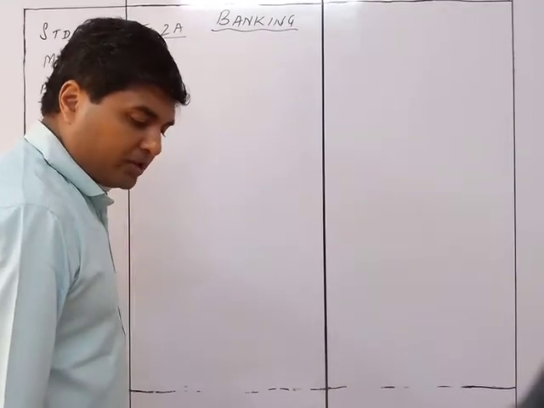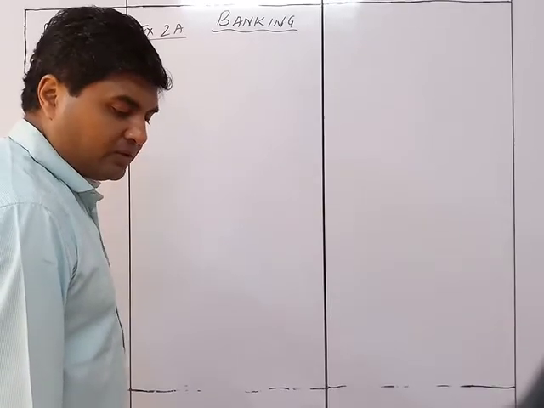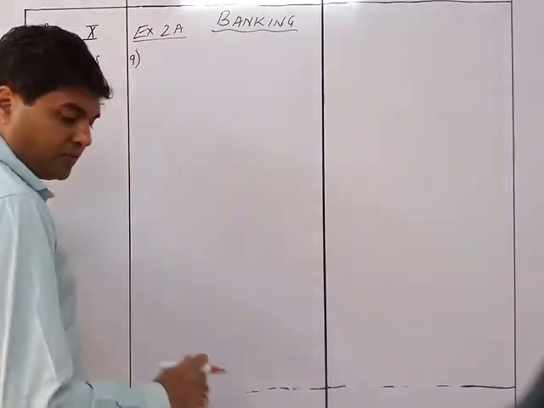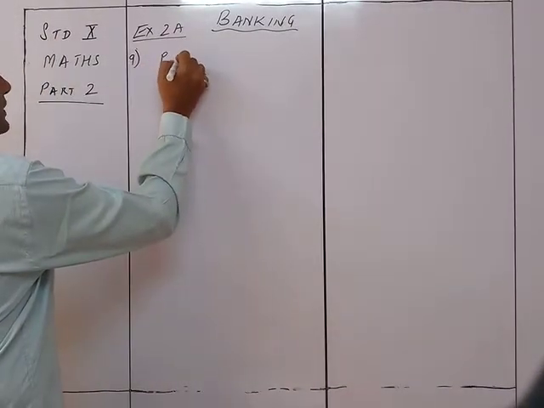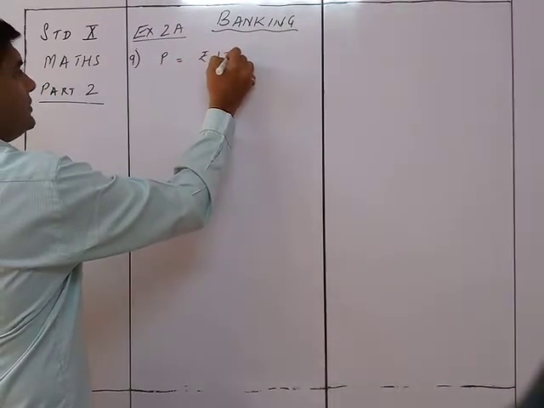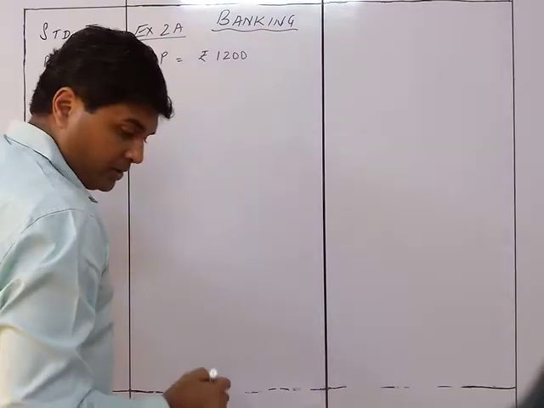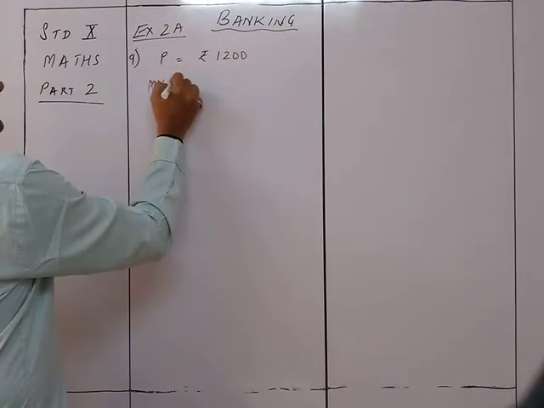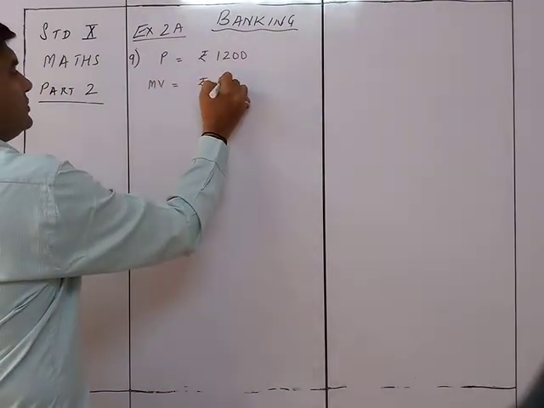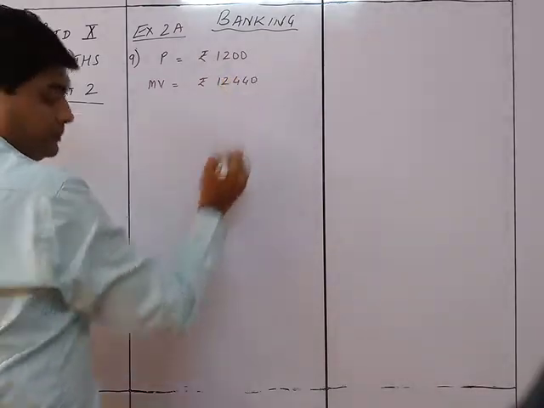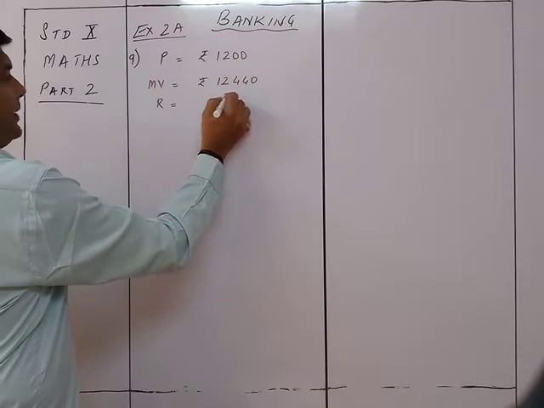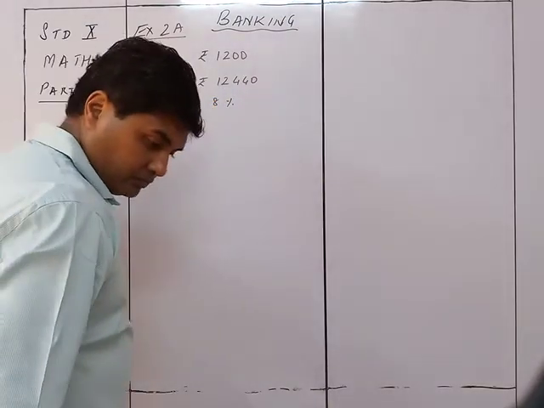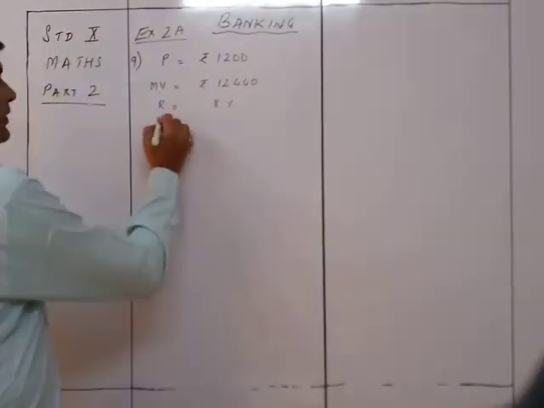A recurring deposit account of rupees 1200 per month has a maturity value of 12440. So it is given that principal is equal to rupees 1200. The maturity value is equal to rupees 12,440. The rate of interest is given as 8%. You need to find out N.